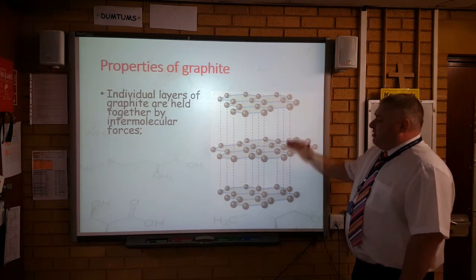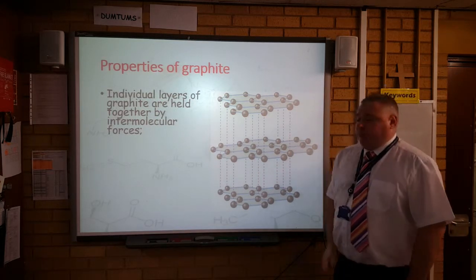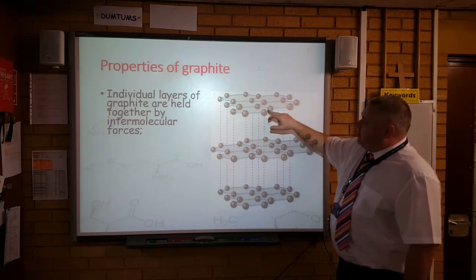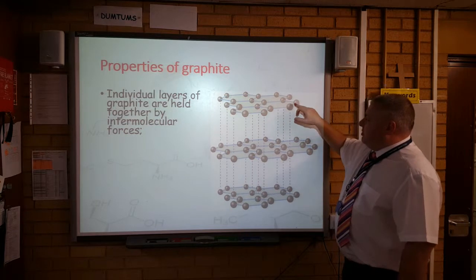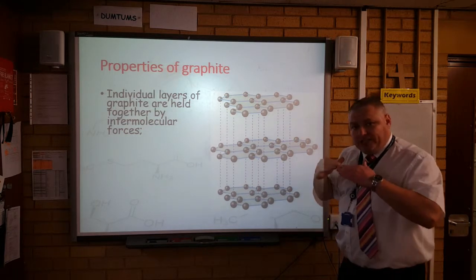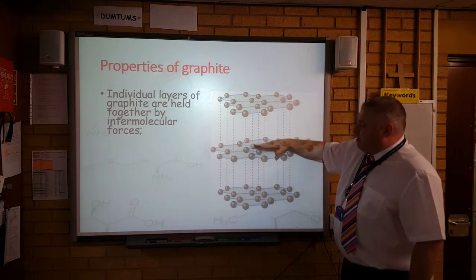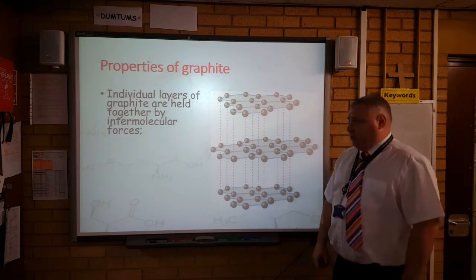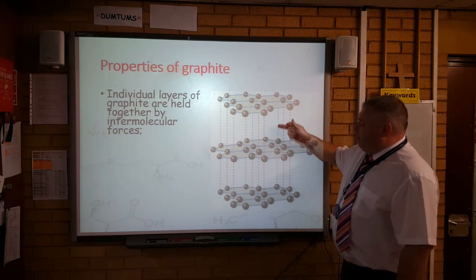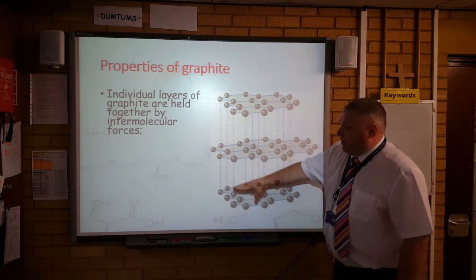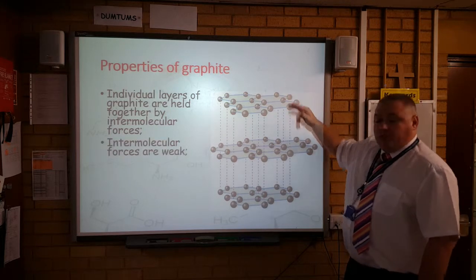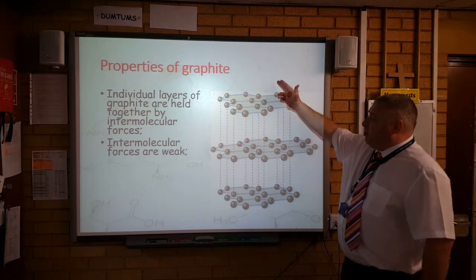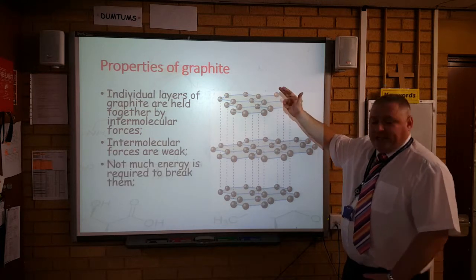If we're looking at why these layers can be removed easily, well, although there are strong covalent bonds between the carbon atoms within a single layer, in between the layers, what keeps them together is only weak intermolecular forces. These dotted lines here represent the weak intermolecular forces in between the layers, and these forces are so weak that it's very, very easy to break them.